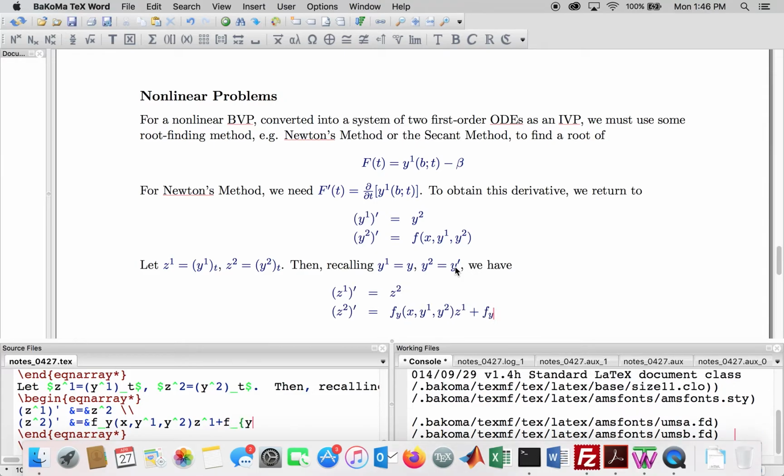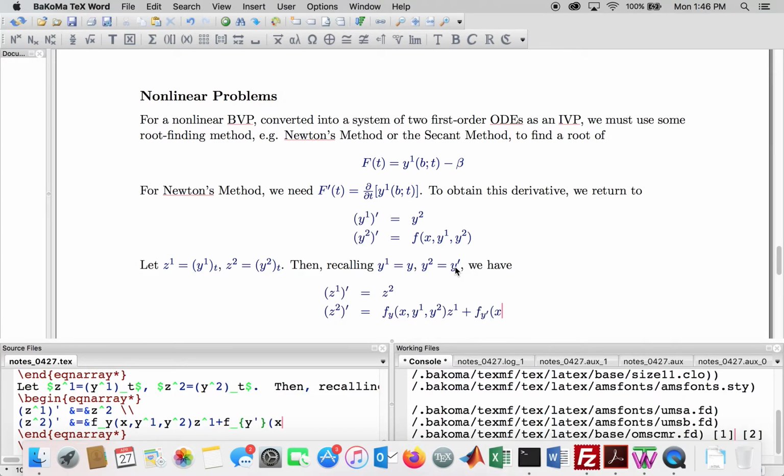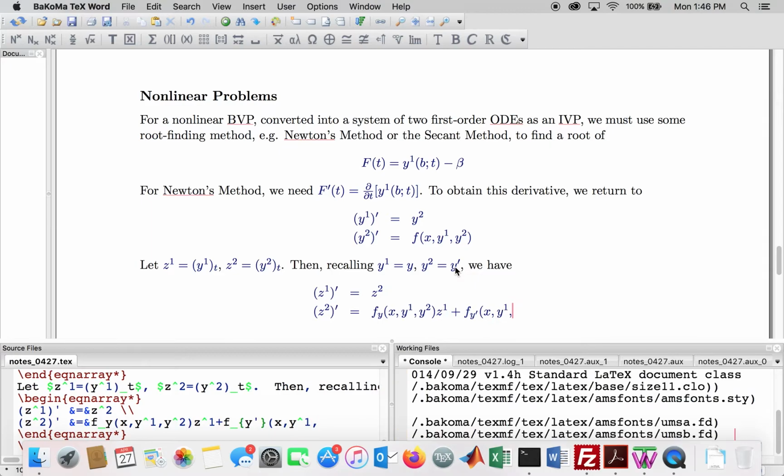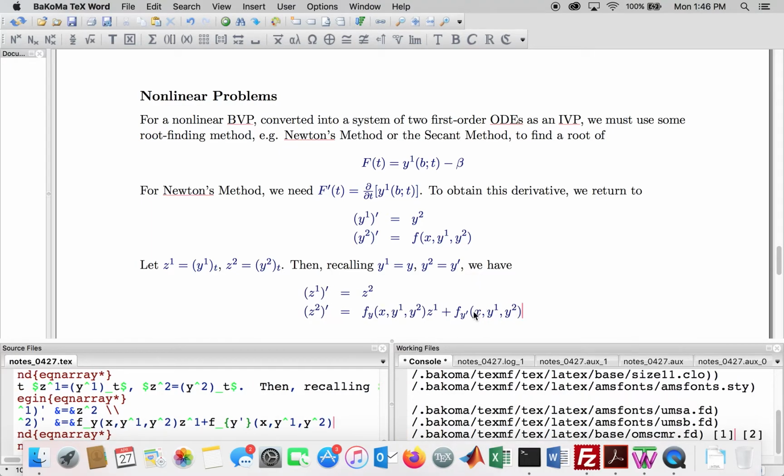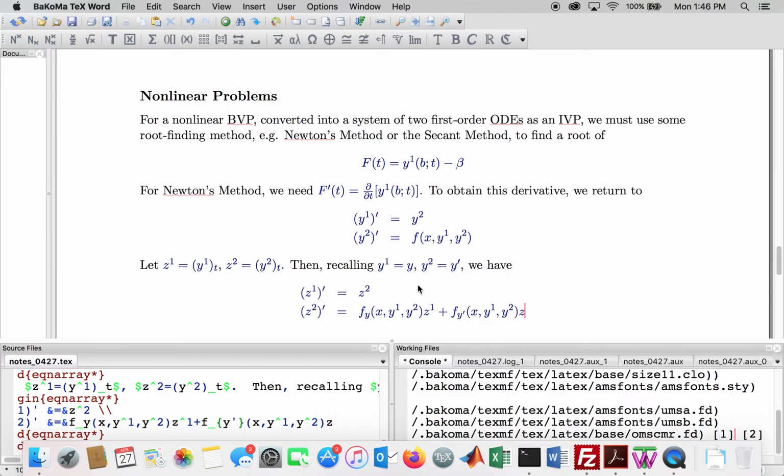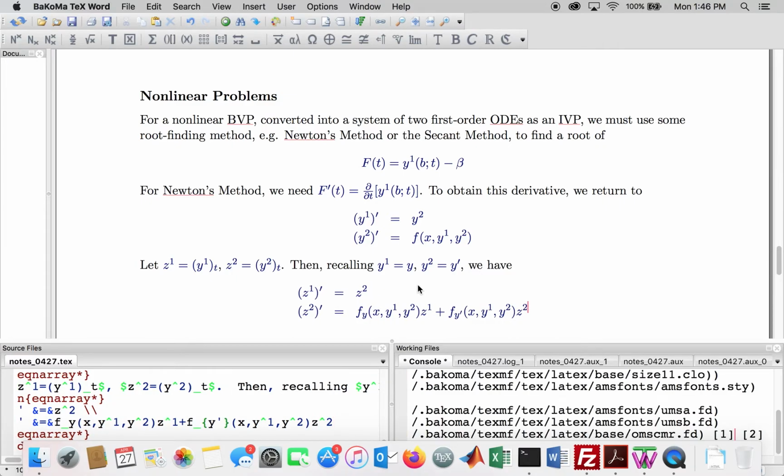So f y prime x y1 y2 times dy prime dt, but that's the same as dy2 dt, which is z2. So now we have the second equation in our system.